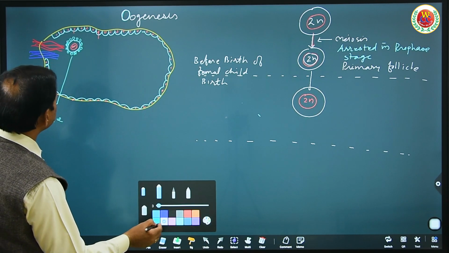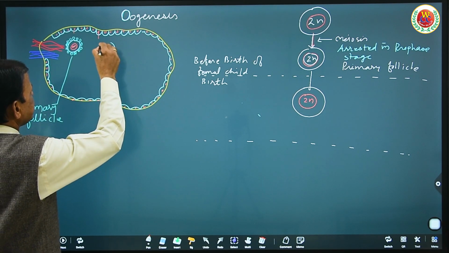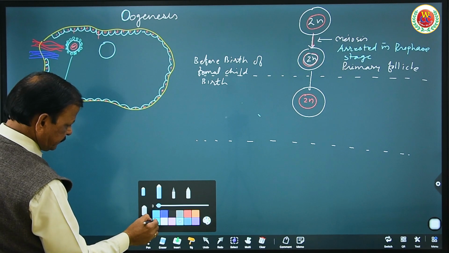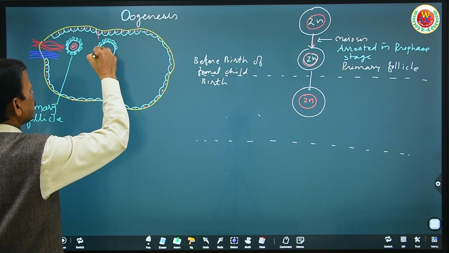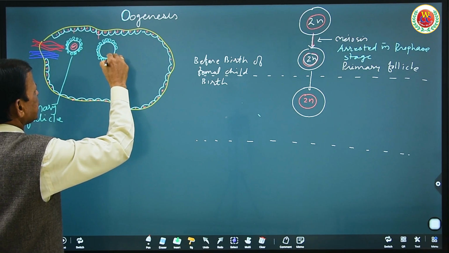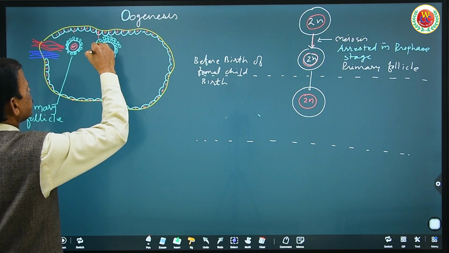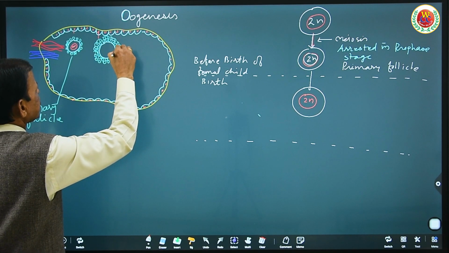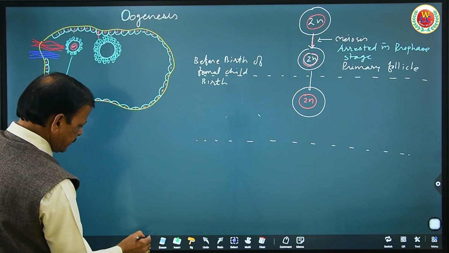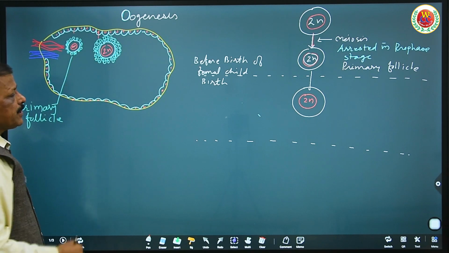So by diagram, we can show that this becomes a secondary follicle with these two layers of granulosa cells. Here it gets covered by two layers of granulosa cells. Hence it is arrested in prophase 1 with a prominent nucleus.